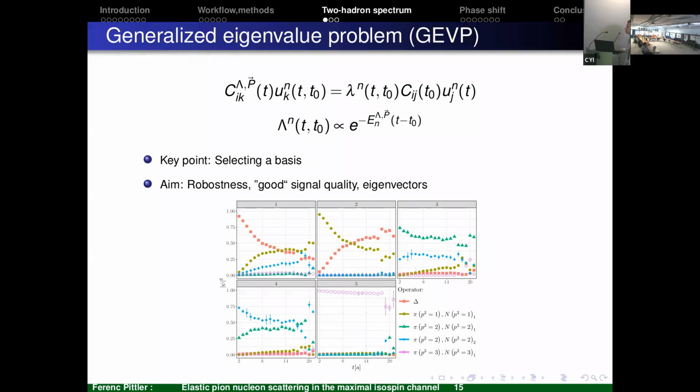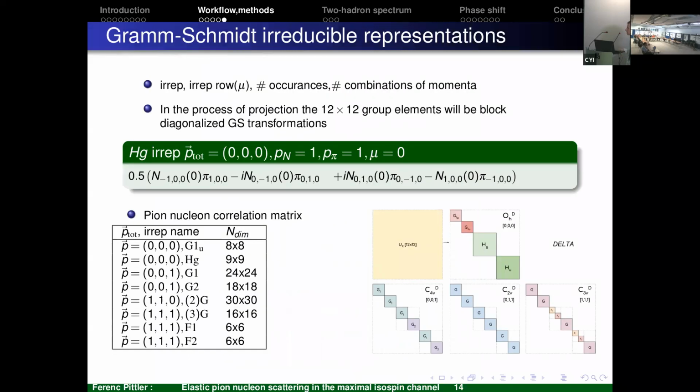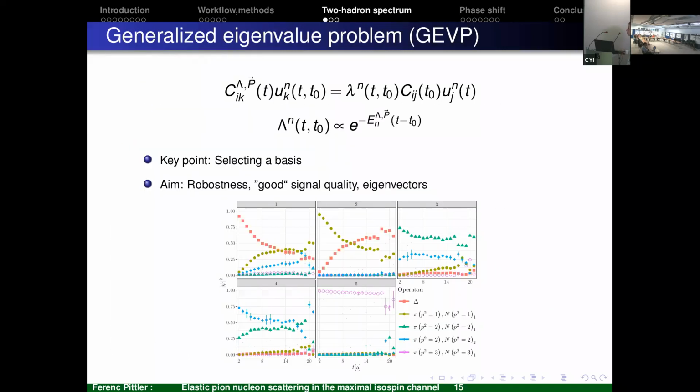Here I consider just the 5 by 5 matrix out of this 9 by 9, and show that the first two operators dominate the first level that I got from the GEVP, the second level is also dominated by these first two, and the third up to the fifth interpolating operators dominate the remaining levels.